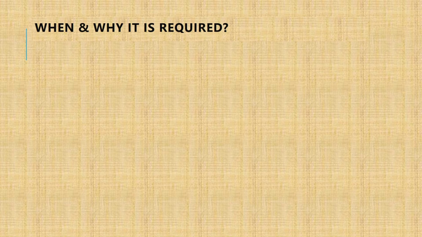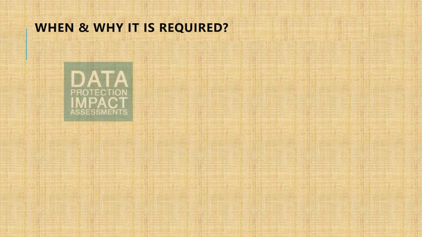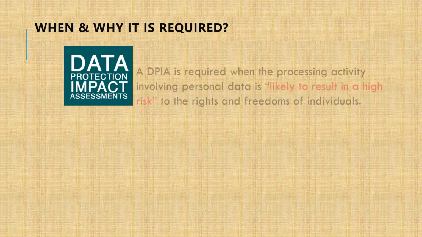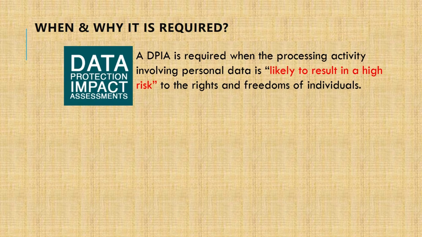Next, when and why it is required. Data protection impact assessments. A DPIA is required when the data processing activity involving personal data is likely to result in a high risk to the rights and freedom of individuals.